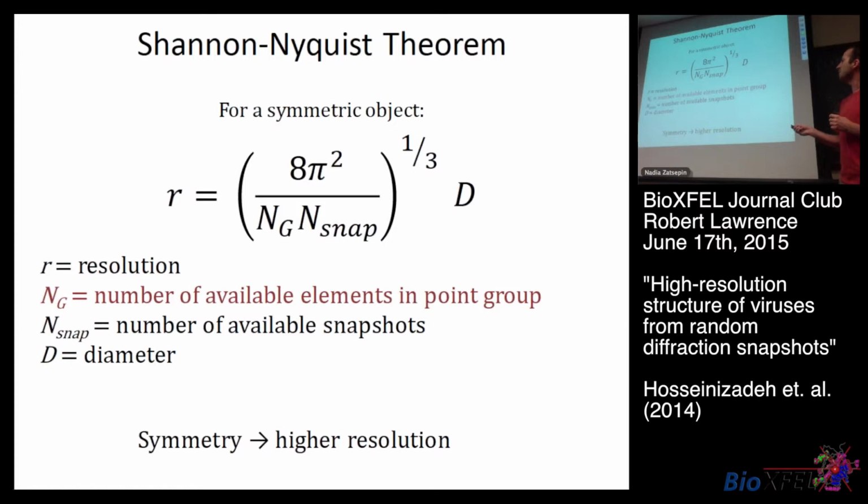As the number of available elements in the point group of a symmetric object goes down, the resolution will go up, and it will also make it so that you don't need as many snapshots, so you don't have to collect as much data. So this equation is a representation of how we use the symmetry of something like an icosahedral virus to our advantage for processing data.